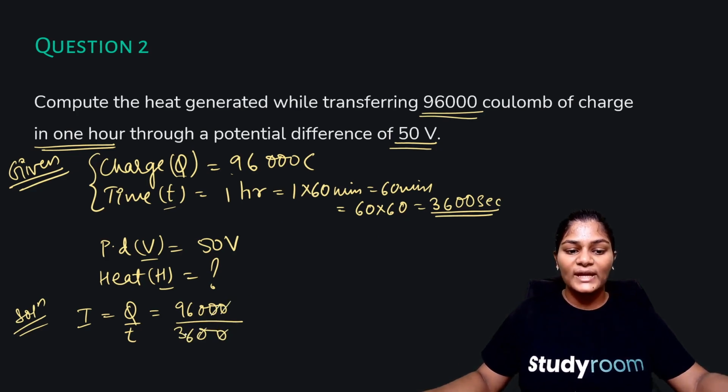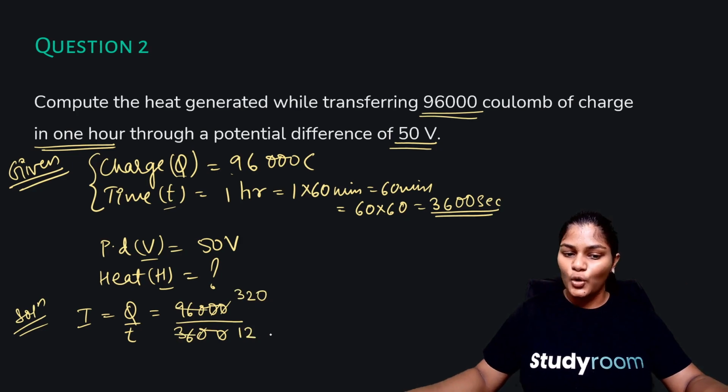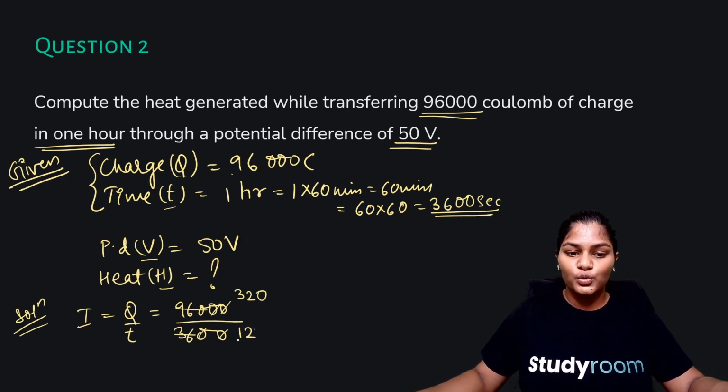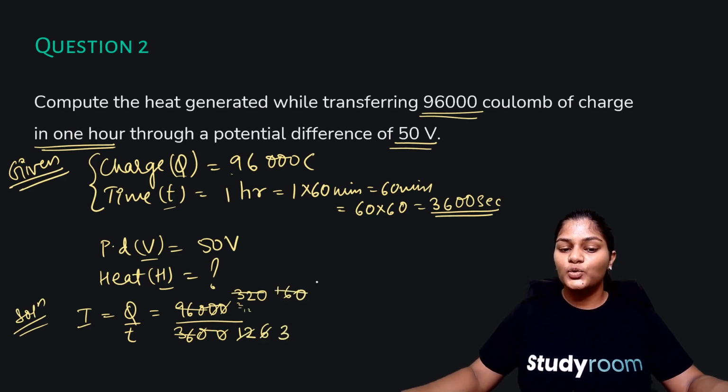Then if I want to cancel it by 3: 3 ones are 3, 3 twos are 6, 3 threes are 9, 3 twos are 6, and there is 1 zero also. Now I want to cancel it by 2. So 2 sixes are 12, 2 ones are 2, and a 0. Again I want to cancel it by 2. So 2 threes are 6, 2 eights are 16, and a 0.